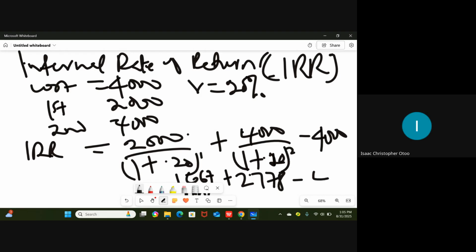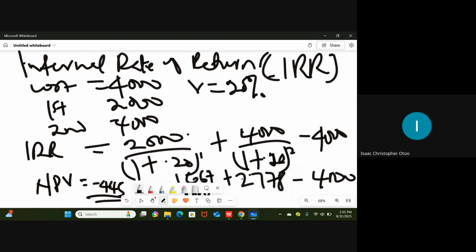Okay, so here the NPV will be what? Negative, yes, sir. Negative what? Negative 444 or 445. Okay, so negative. So you know the interesting thing about the NPV.